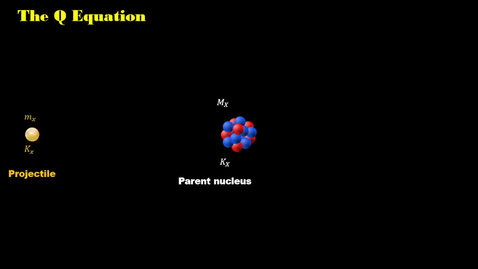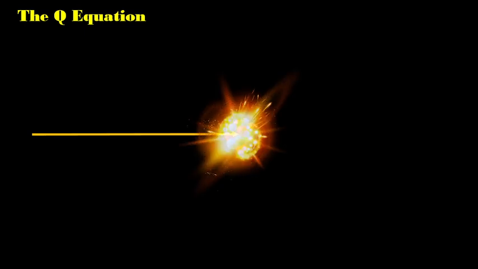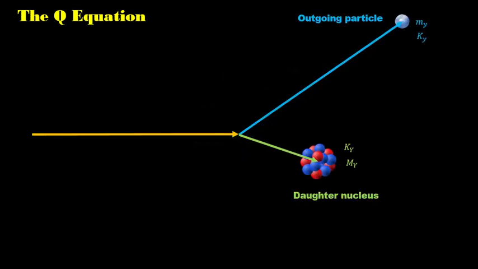So again we look at the reaction of these particles. Parent nucleus, and this is a projectile. The collision occurs, a nuclear reaction takes place, a daughter nucleus is formed, and an outgoing particle escapes with some kinetic energy.